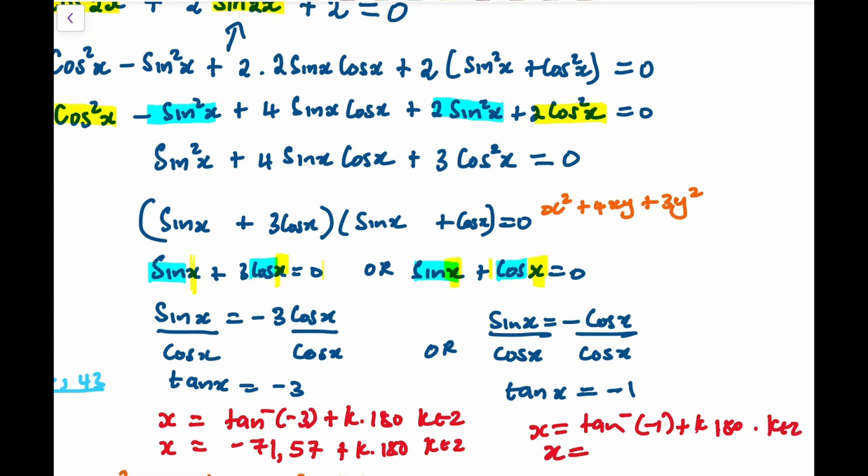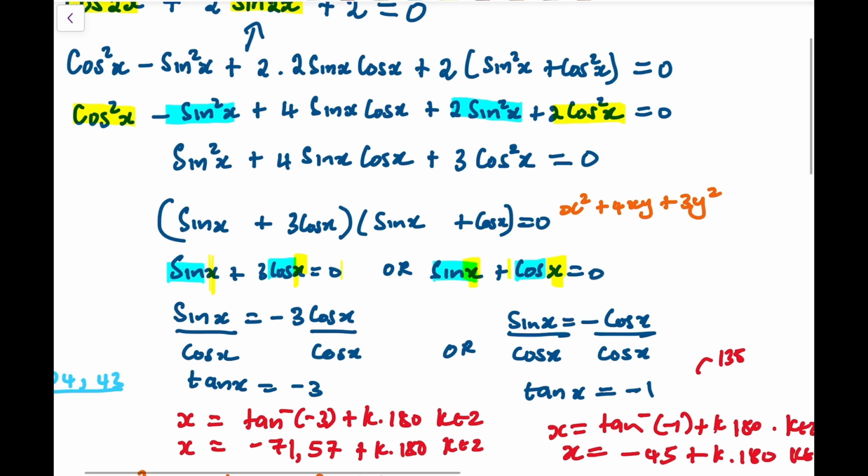Then x is equal to negative 45 plus k times 180, k is all integers. Now, even with this 45, if you want to make it positive, you can always add 180, and then you will get 135. So you will get 135 plus k multiplied by 180, where k is an element of integers.